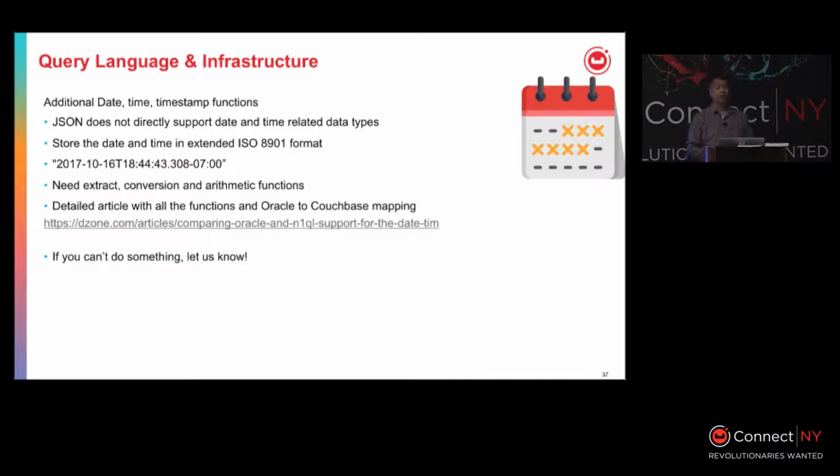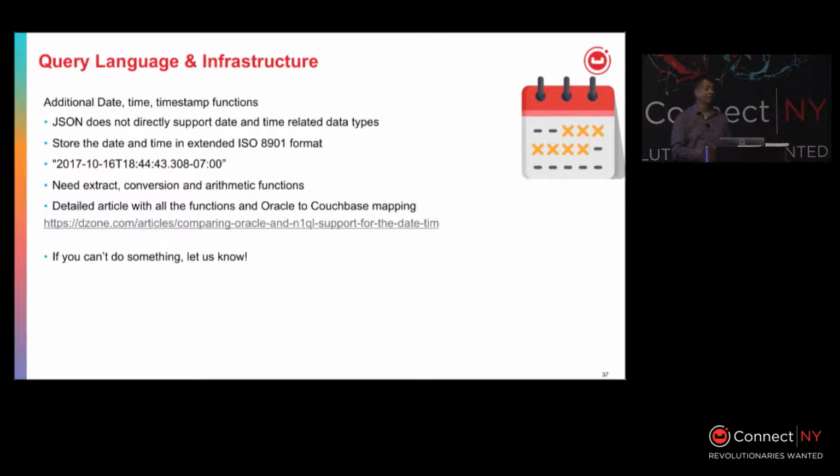Second thing, yes, one criticism of JSON is it has the basic data types, but not date, time, and timestamp functions. Right? Without this data type, you don't have an enterprise application. So what we support is the ISO, extended ISO format, but then we have added at least 100 different scalar functions to extract, convert, and manipulate the date and date time, and with time zone, so that no matter which time zone you are in, whichever part of the date time you want to extract, you have it right there.